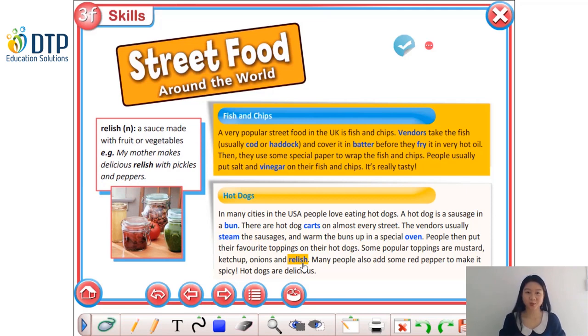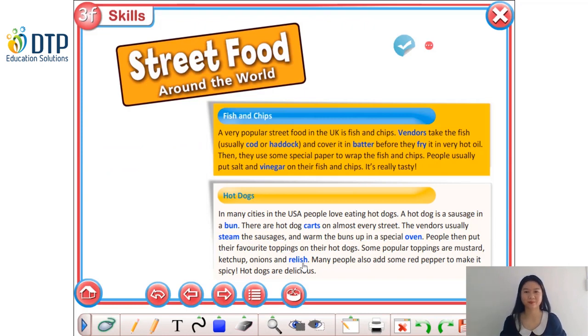Relish is a sauce made with fruits or vegetables. Và nó có nghĩa là nước chấm làm từ trái cây hoặc là rau quả. So how many words can you remember? Very good.